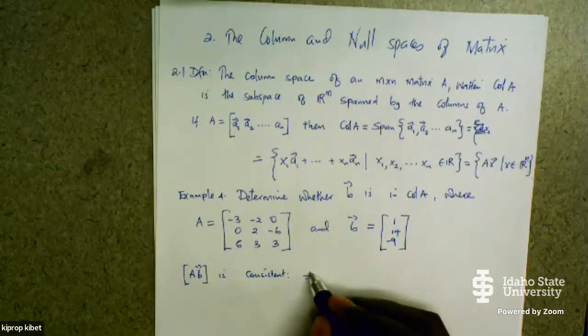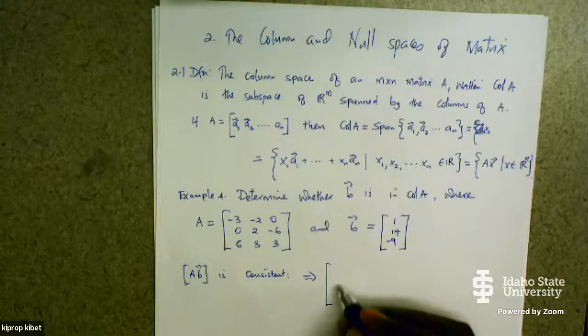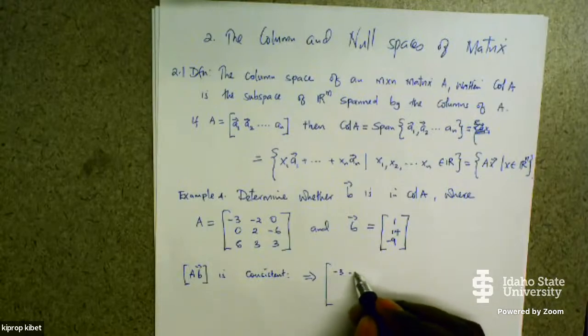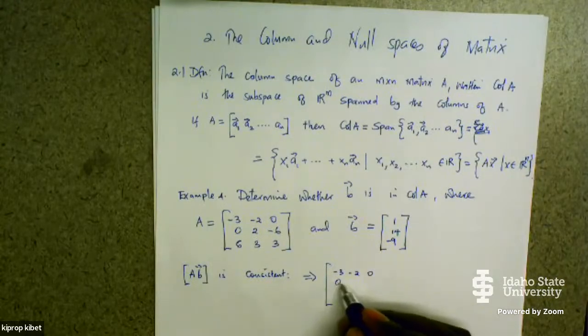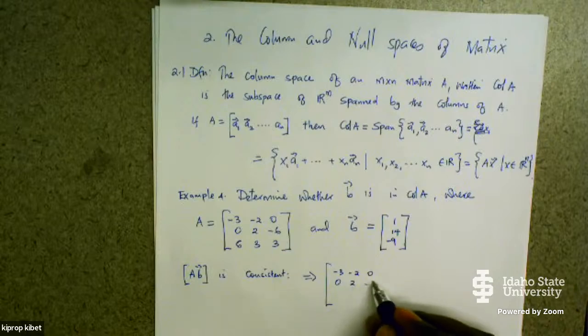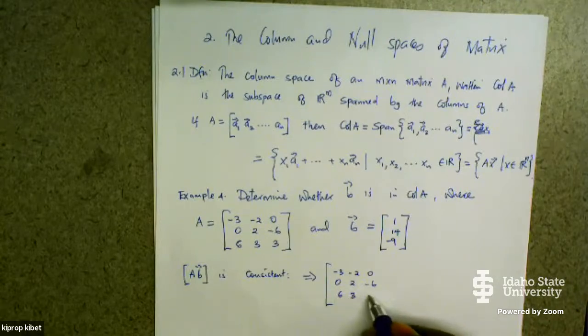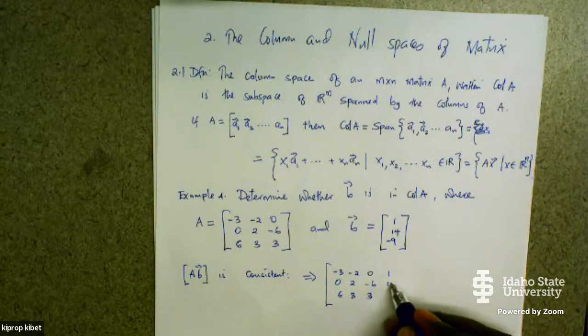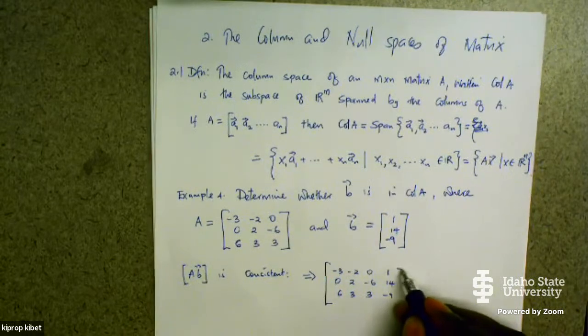So this is -3, -2, 0, 1; 0, 2, -6, 14; 6, 3, 3, -9.